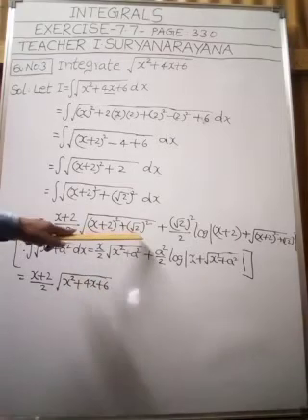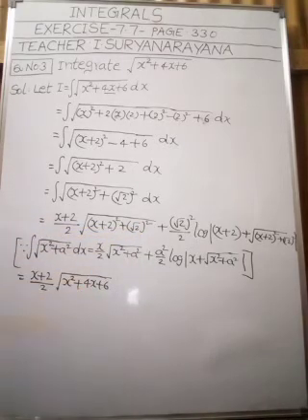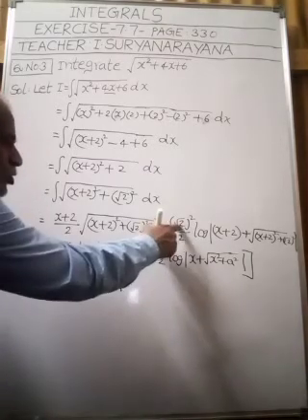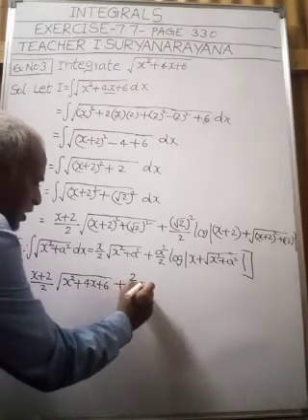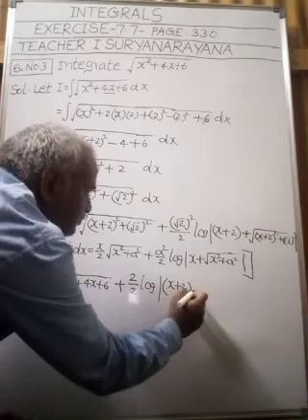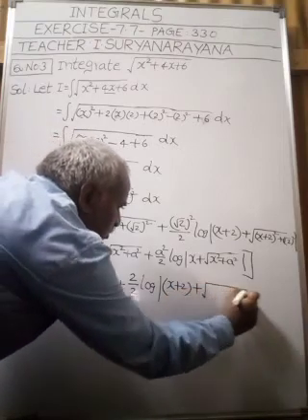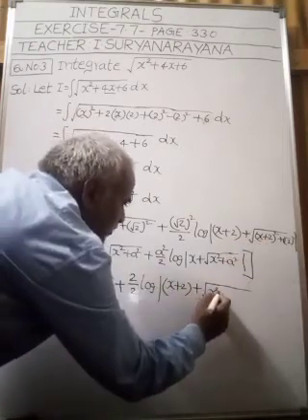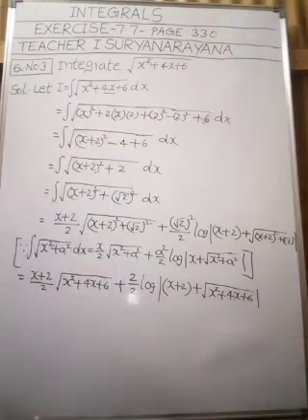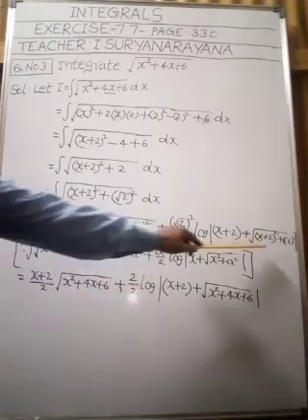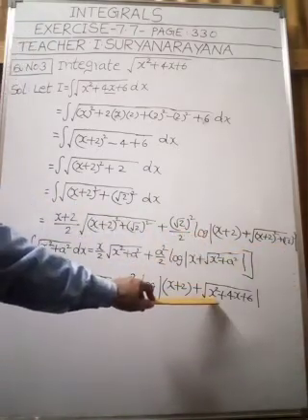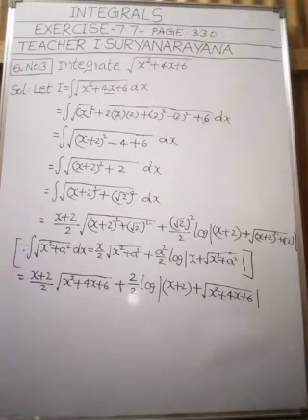If you expand this one, again you get the same. Plus root 2 whole square, 2 by 2 log mod x plus 2 plus root of, again here also you get x square plus 4x plus 6. If we expand and simplify, you get this quadratic expression x square plus 4x plus 6.